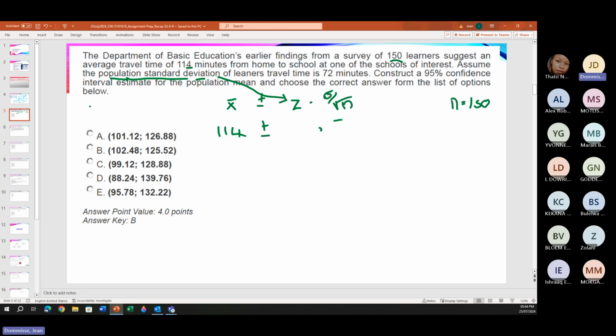So that's cool. We can just put the 72. We've got 150. So let's just make 100% sure what the Z is.